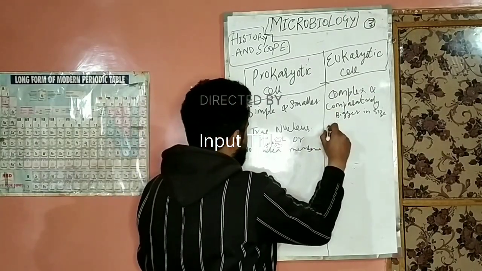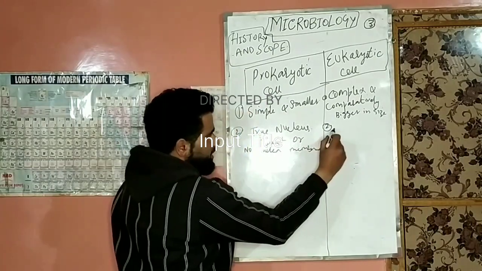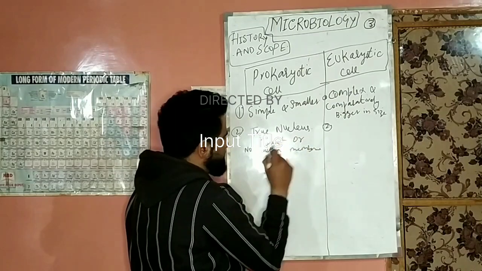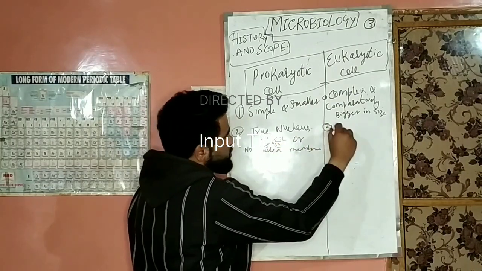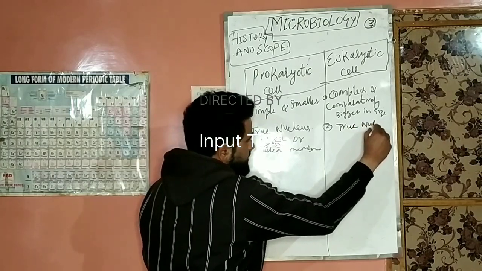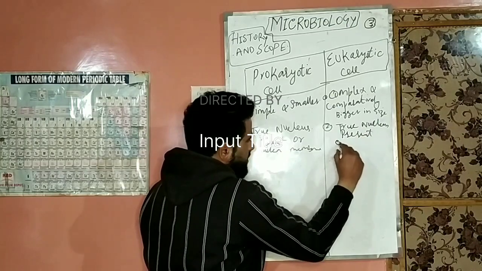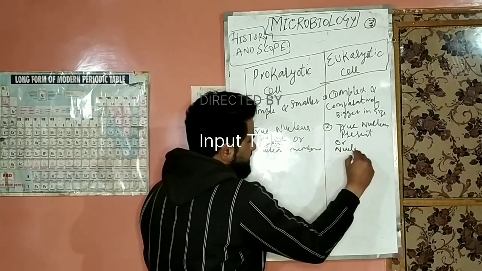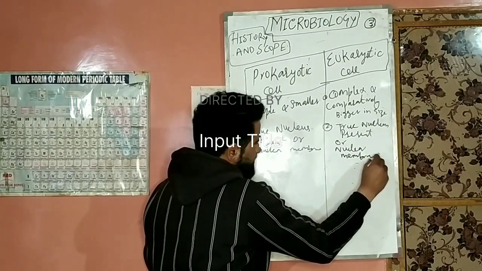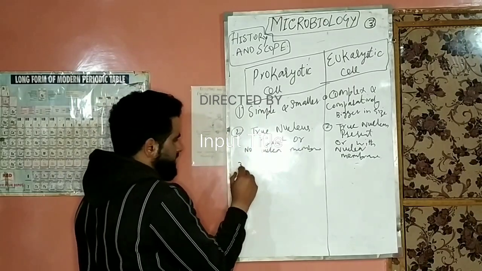In eukaryotic cell, true nucleus present, or with nuclear membrane.